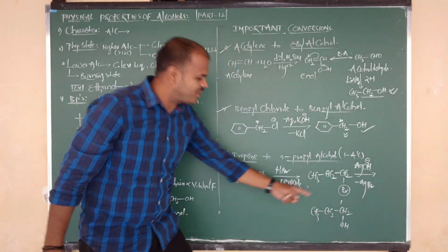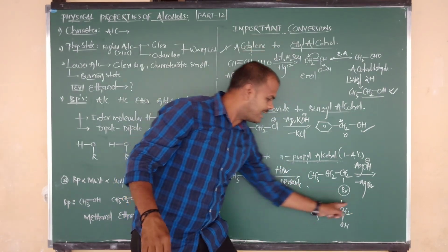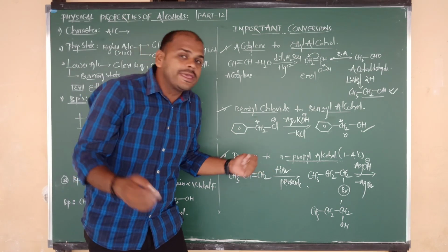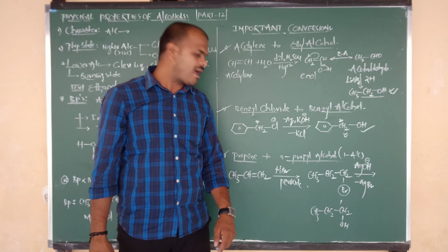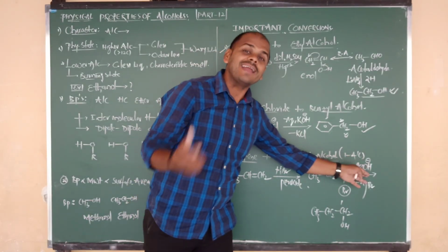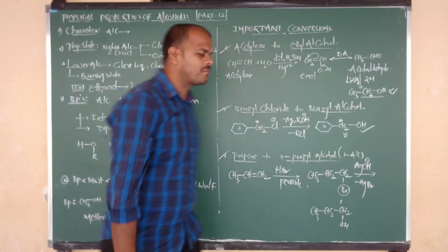What is the position of the OH group? 1. So this is N-propyl, straight chain, N-propyl alcohol, or we can say 1-propanol. So how to give this statement? Propene on reaction with HBr in presence of peroxide gives 1-bromopropane, which upon alkaline hydrolysis gives 1-propanol, or we can say N-propyl alcohol.